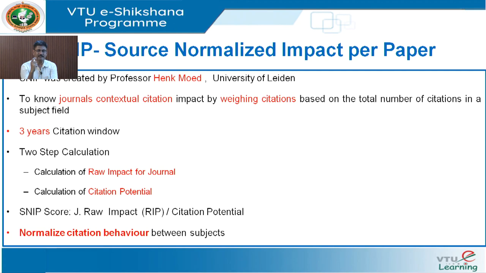It also takes a 3-year citation window like CiteScore, and has a two-step calculation: calculation of the raw impact of a journal and calculation of citation potential, meaning how many citations a journal in this field can give to other journals. SNIP is the journal raw impact divided by citation potential, so it normalizes the citation behavior between subjects.